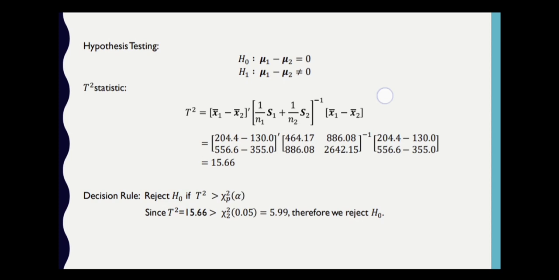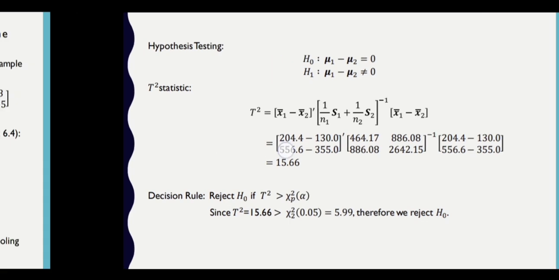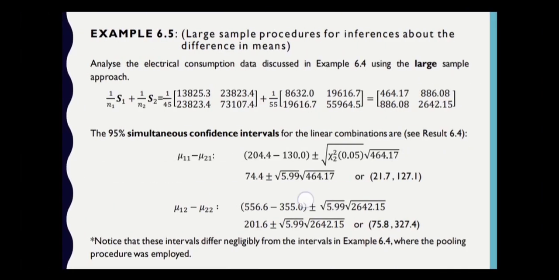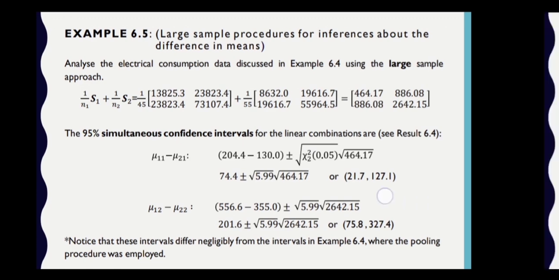I dah tunjuk macam mana nak gunakan hypothesis method dan juga confidence interval method to make the conclusion about the difference, mean difference of two population. So this one pula adalah confidence interval bila kita deal dengan large sample size, which is we replace the T or the C with the chi-square distribution.